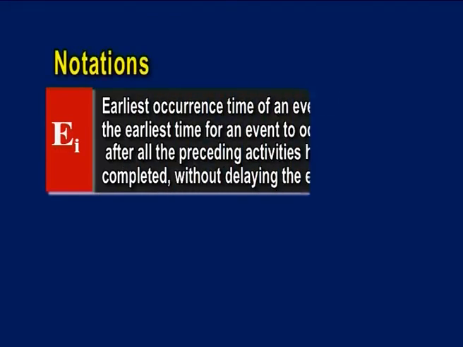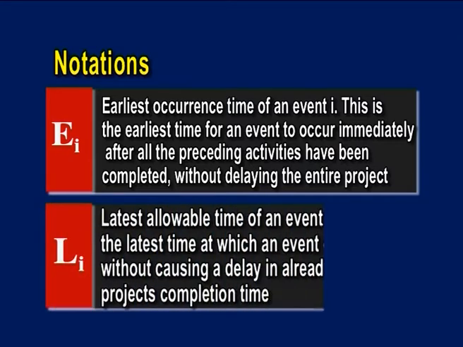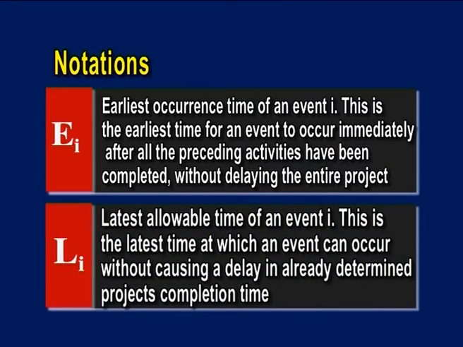E of I is the earliest occurrence time of an event I. This is the earliest time for an event to occur immediately after all the preceding activities have been completed without delaying the entire project. L of I is the latest allowable time of an event I. This is the latest time at which an event can occur without causing a delay in already determined project's completion time.